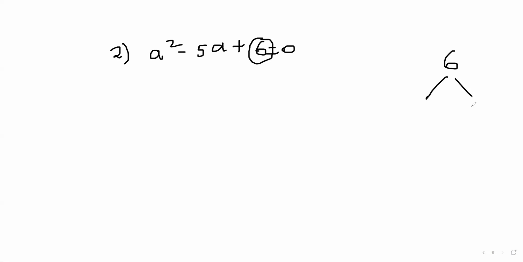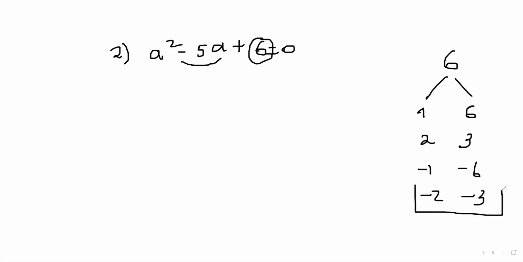So 1, 3; 1, 6; we can write 2, 3; we can write minus 1, minus 6; minus 2, minus 3. However, we have to be sure that the sum gives us minus 5a.